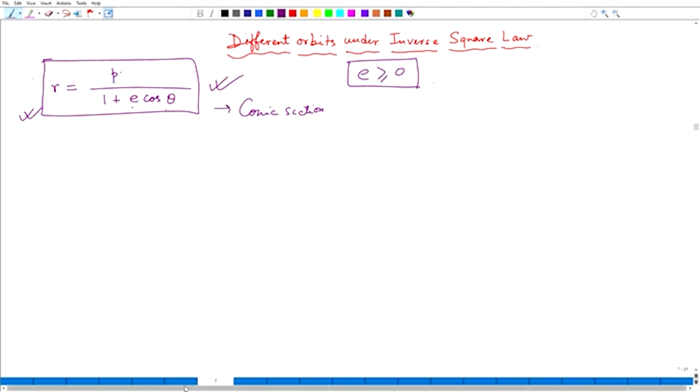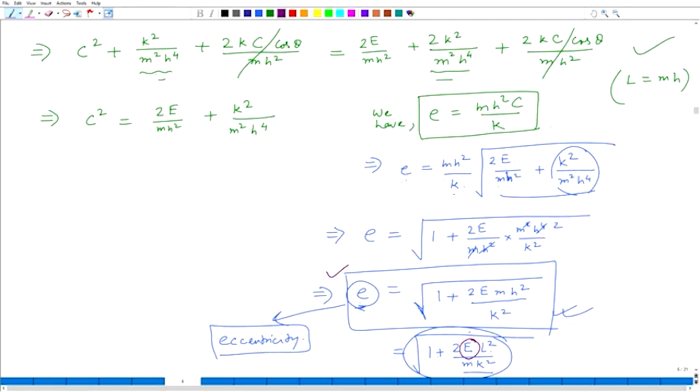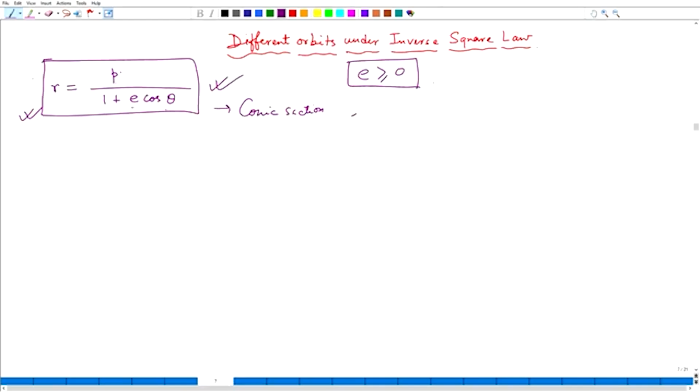The eccentricity is root over 1 plus 2 E L square by m k square. And if you remember, p is equal to m h square by k. Writing h as L by m, this is L square by m k.